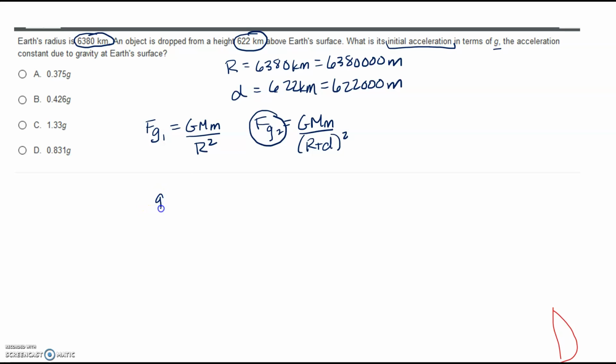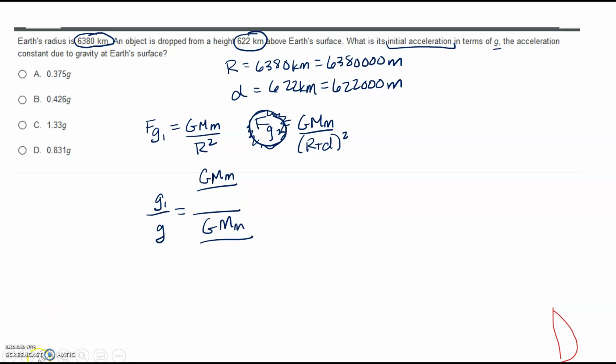So I did, okay, G1 over G. That's not right. I'm not looking for this one. Never mind what I just said. Is equal to GMM over R squared over GMM over, oops, wrong.